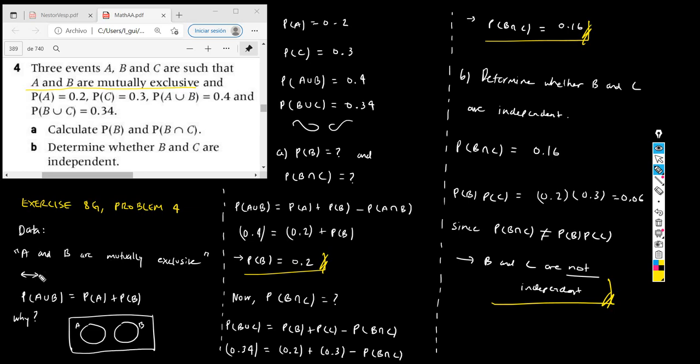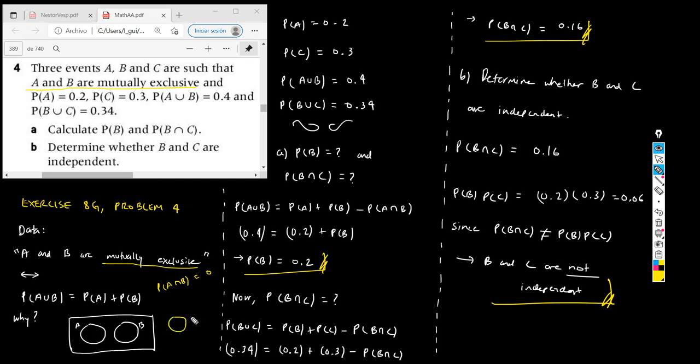That is completely equivalent to saying that the probability of A and B is 0. Remember that if you draw a Venn diagram for two mutually exclusive events, they should be completely disjointed in this way.